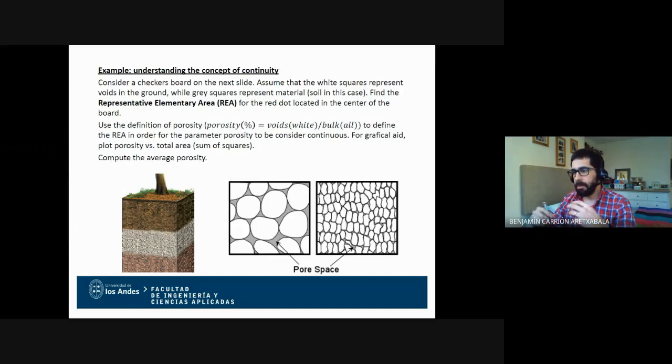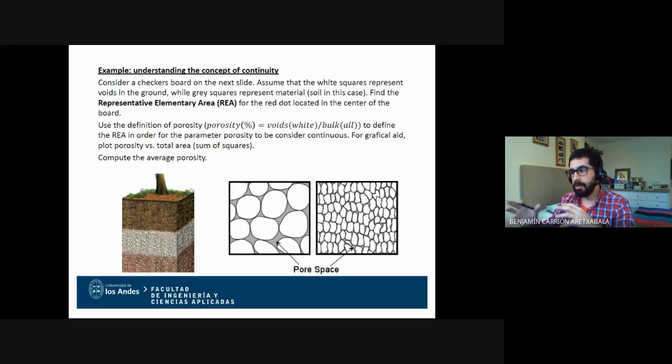So porosity, for the soil, is considered as the proportion of voids over the full volume. This is not very important in our course, but it's just to make an example.